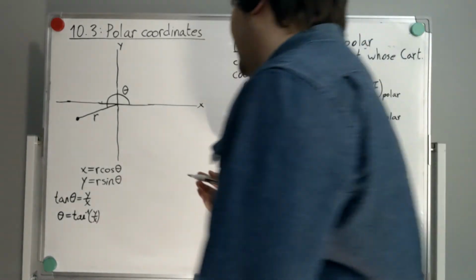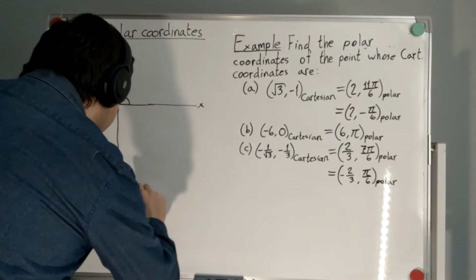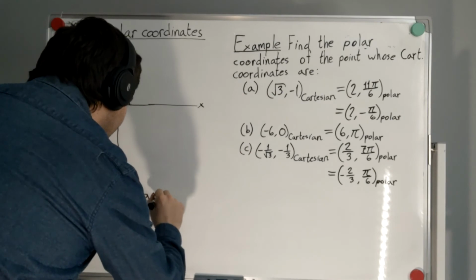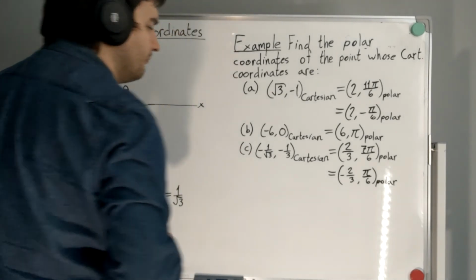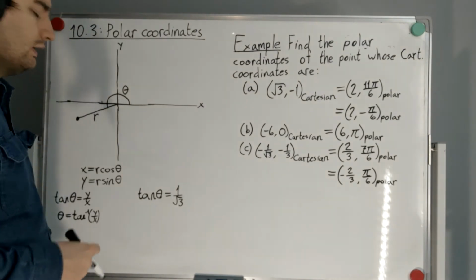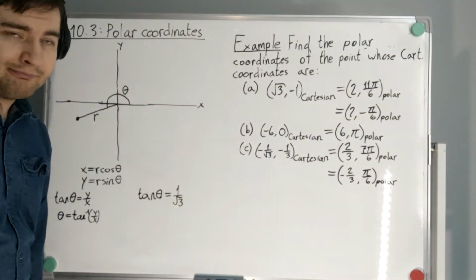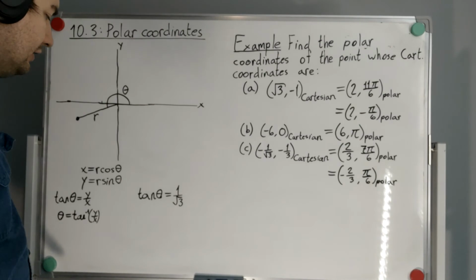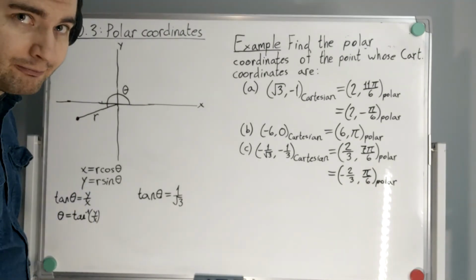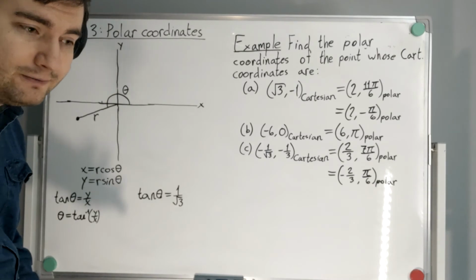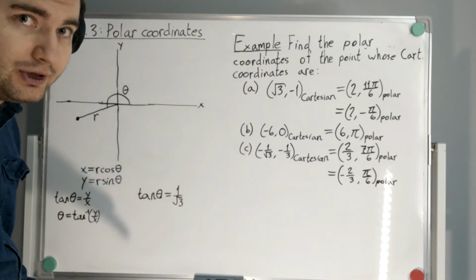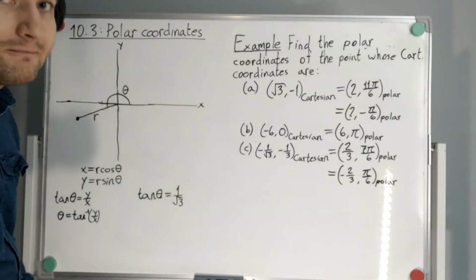Okay, so tangent theta equals 1 over root 3. Then you say, okay, what angles satisfy this? And again, there's infinitely many solutions. In fact, there's 2 between 0 and 2 pi that do this.